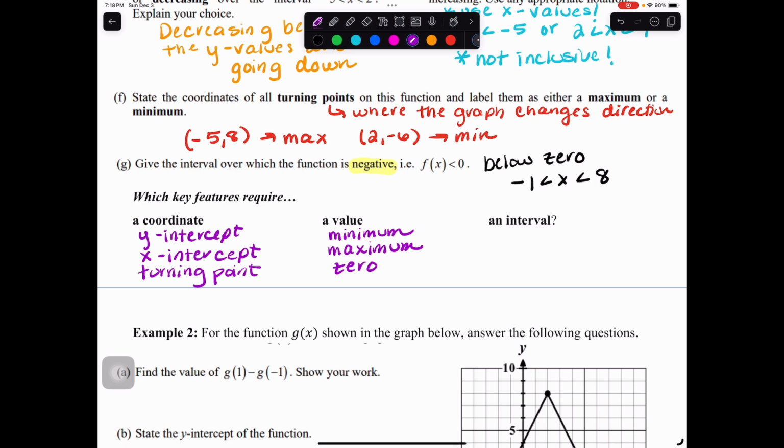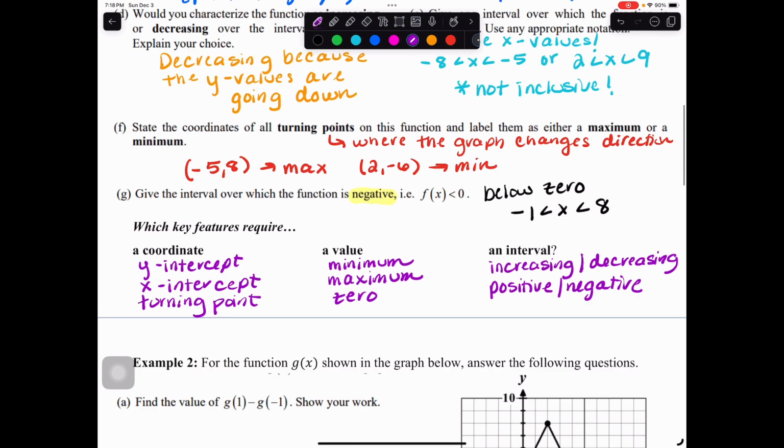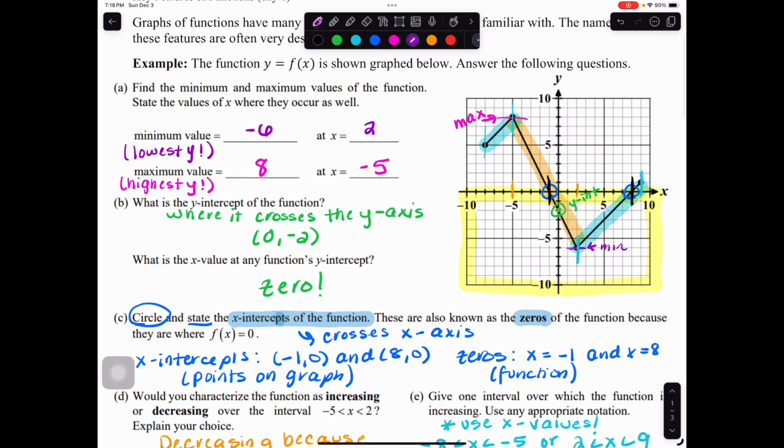The key features that require an interval would be any places where the function is increasing or decreasing, as well as where the function is positive or negative. So we kind of used one graph there to go over all of the key features that you could be asked about when looking at a function.